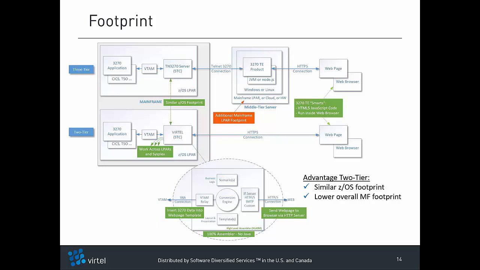And if the middle tier server is not virtualized, there is still somewhere a cost to run that server. So when it comes to the mainframe footprint, a 2-tier solution has the same or smaller overall footprint than a 3-tier solution with a virtualized middle tier server, and it won't impact the footprint-related costs.